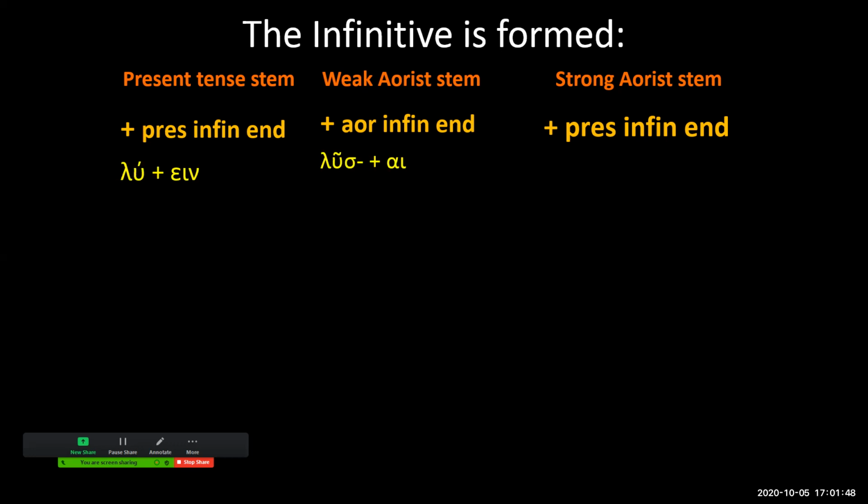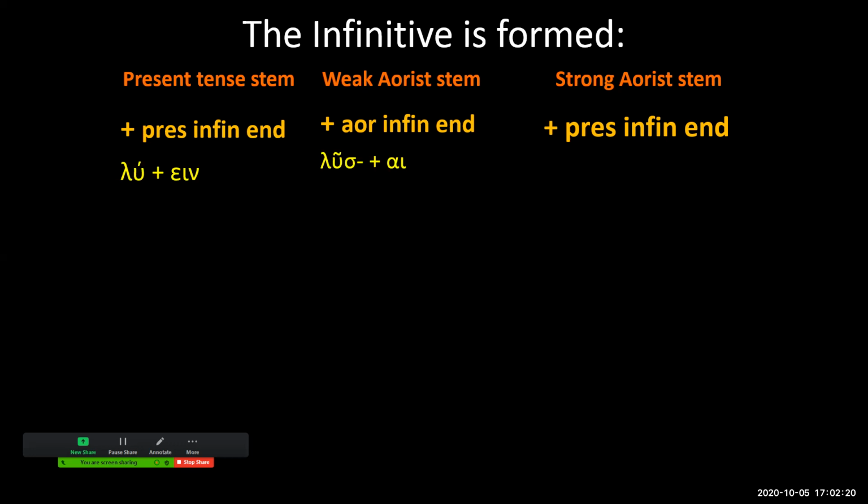The aorist infinitive will be with the weak aorist. First of all, the weak aorist or first aorist, whichever term you use, stem, which for luo is lus. Remember, sigma added to the present stem becomes the weak aorist stem, lus. And then comes the ending. The ending for the aorist infinitive is ai.